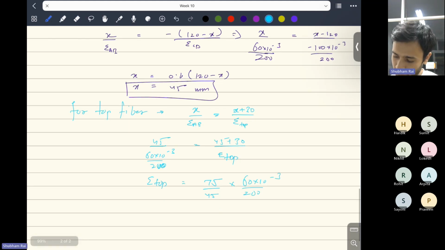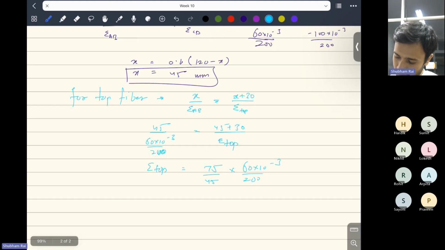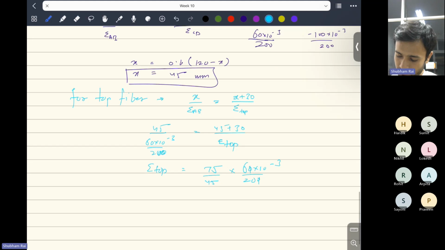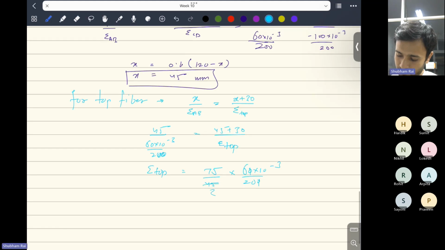So finally, if we solve, 0 will get cancelled with this 0. And what else can you cancel? So 15 threes are 45, 15 fives are 75. 5 and 5, 5 fours are 20, right? And 6 and 6, 16 and 12. So you're getting 1 by 6. Oh, sorry.